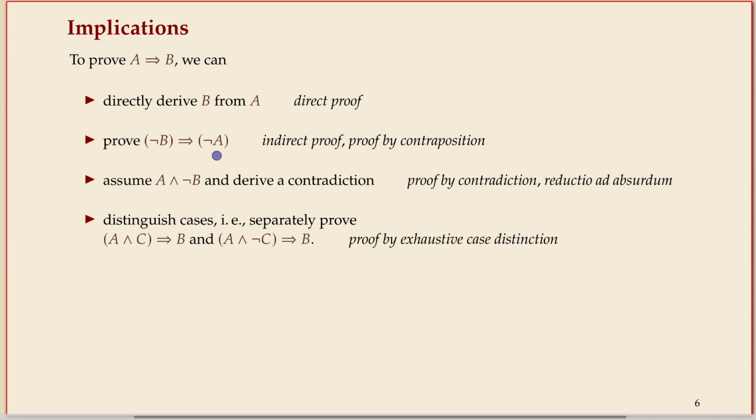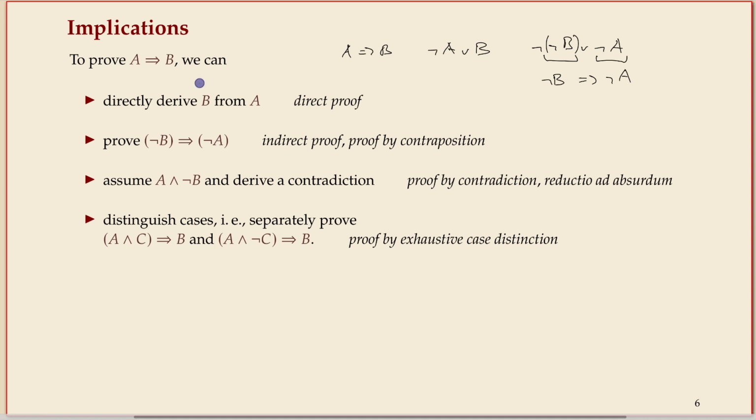That follows again from the logical replacement. So remember, A implies B was the same as not A or B. Now, if I double negate A, I can rewrite this as not B or not A. And then it again becomes an implication, namely not B implies not A. I'm using the same recipe here, but with negations.